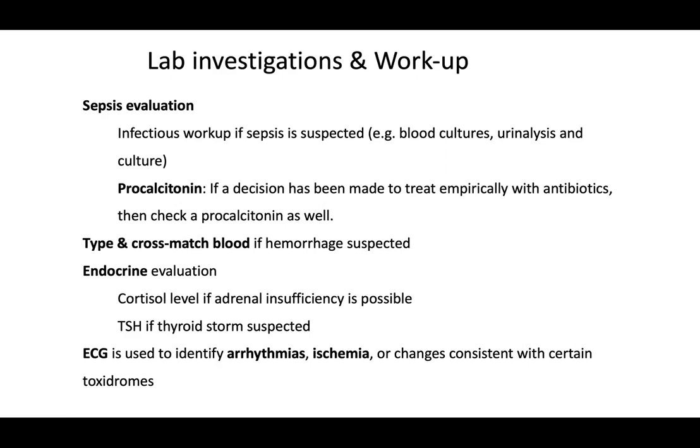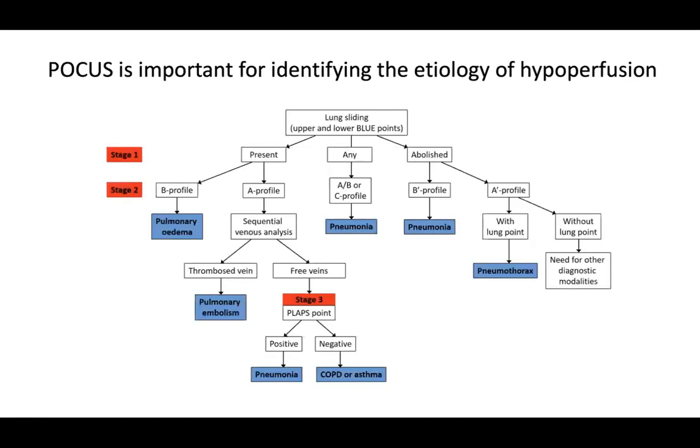ECG is used to identify arrhythmias, ischemia, or changes consistent with certain toxidromes. A lot of times patients present with features of shock actually because of poisoning and or use of drugs. So we have to identify the specific toxicities and the features related to that to start thinking about an antidote. So POCUS, the point of care ultrasound, is very important in identifying the etiology of hypoperfusion.